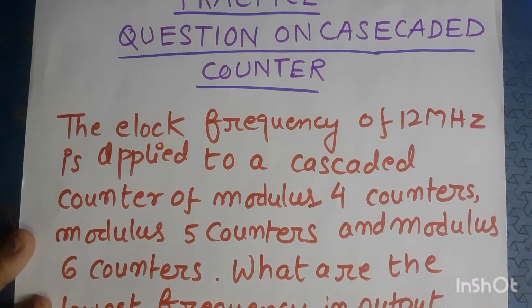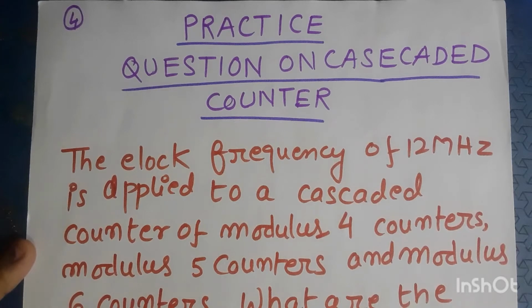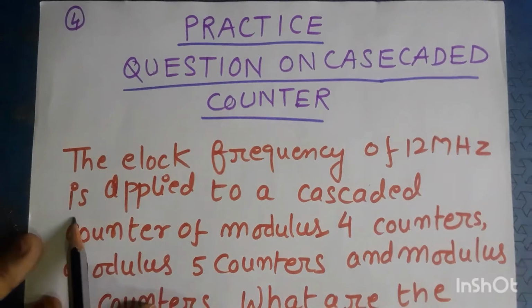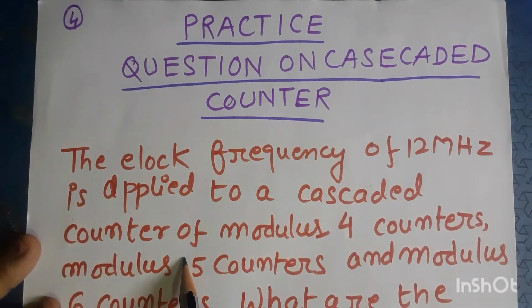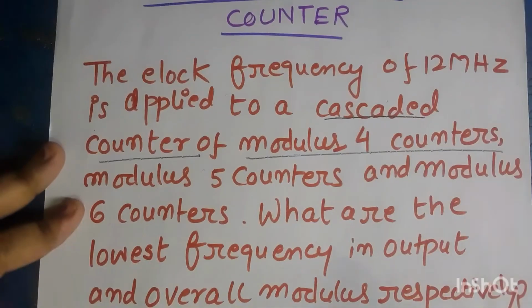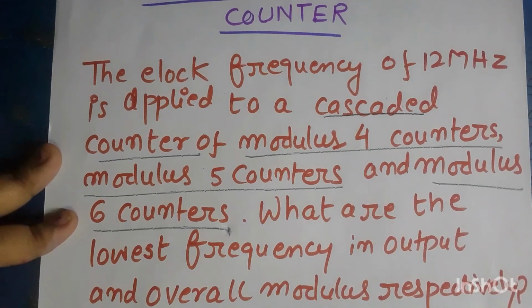Now we will practice a question on cascaded counters which has been asked in the GATE exam. Please read the question properly. A clock frequency of 12 megahertz is applied to a cascaded counter of modulus 4, modulus 5 and modulus 6 counters.